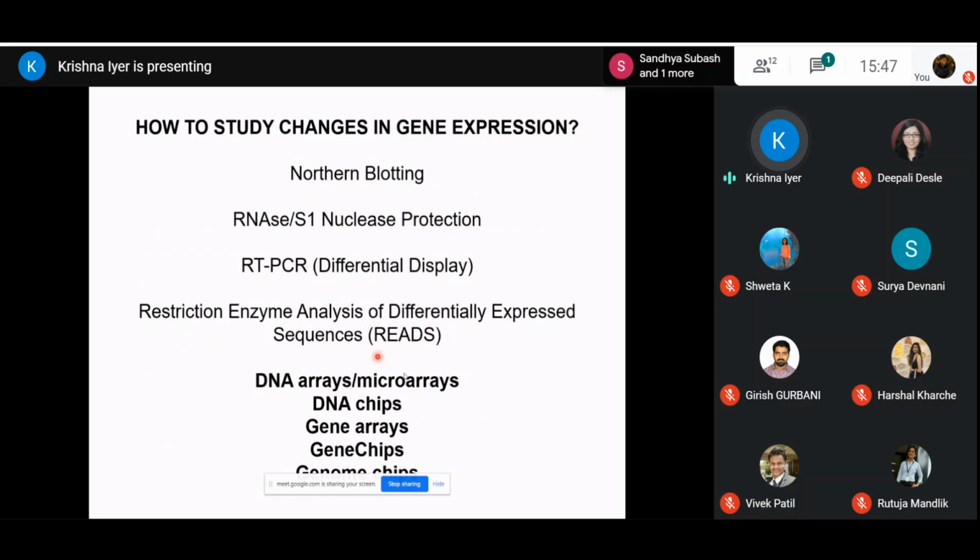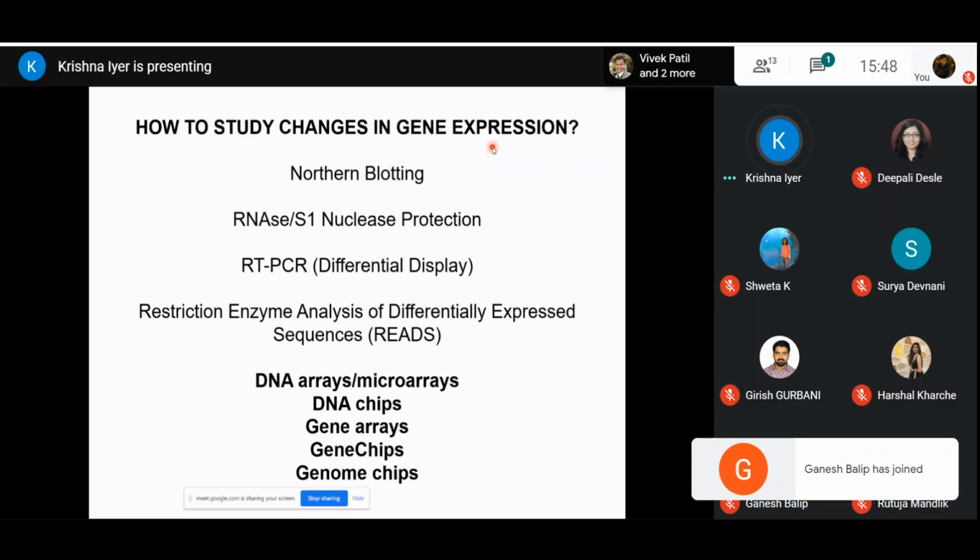In addition to that is this way of analyzing gene expression by the use of DNA microarrays, also called DNA chips, gene chips, or genome chips. It goes by different names. So today, we are going to look at how this technology is used to measure how genes are expressed and how this expression is changing under different circumstances.